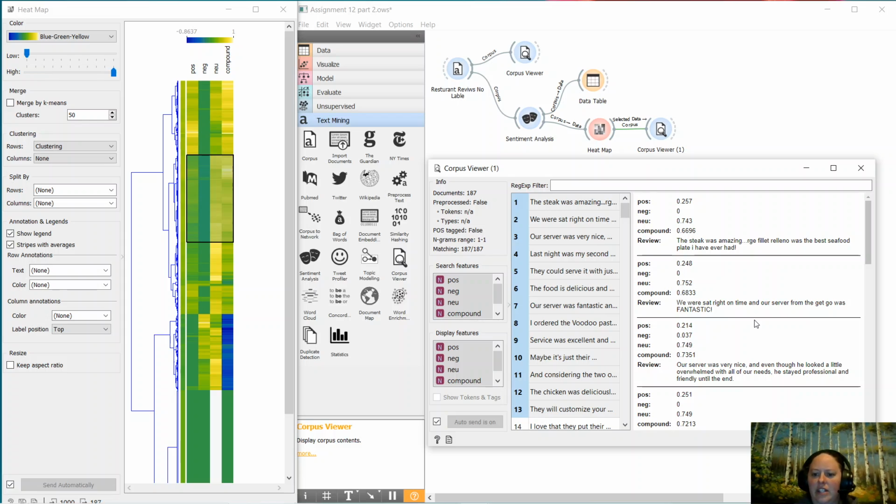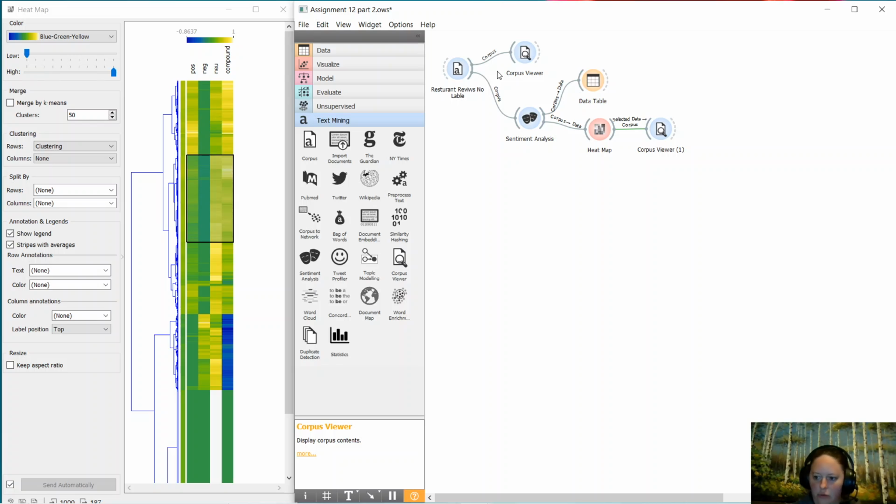"We were sat right on time, and our server from the get-go was fantastic." 0.68 positive. Even though we didn't manually change whether this is good or bad with Orange, Orange has its own program. When Orange was created, our professor discussed that they put in thousands of words and manually said if each is a positive word or a negative word to give sentiment analysis an opportunity.